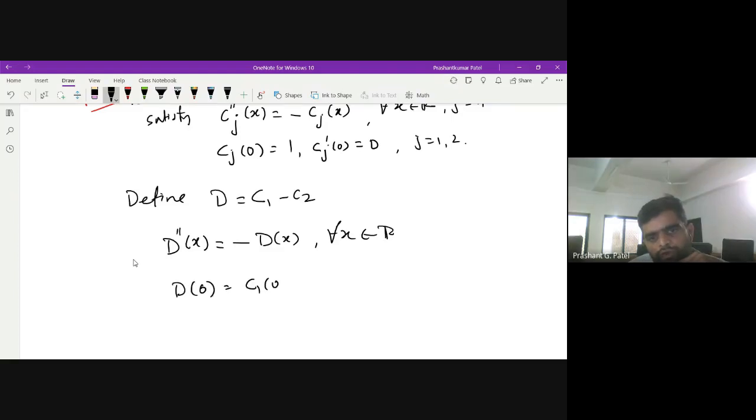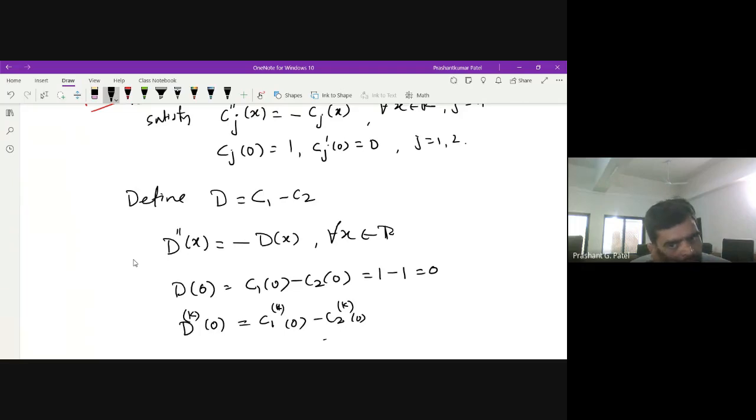That is c1 of 0 minus c2 of 0. But c1 of 0 is 1, c2 of 0 is 1, so this is 0. So d of 0 is 0. In fact, if I find d^k at 0, that means all the derivatives of this function, that is c1^k at 0 and c2^k at 0, it will give me 0 for all k in N. So ultimately we have to use Taylor's theorem to prove that d is the zero function.